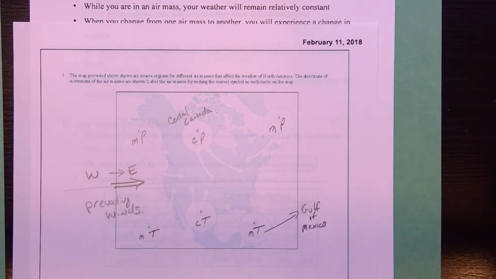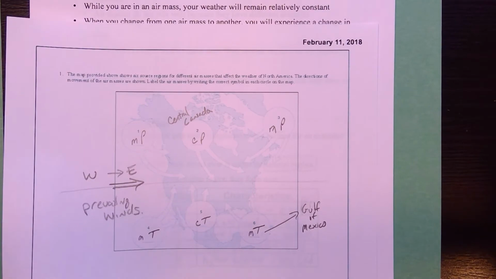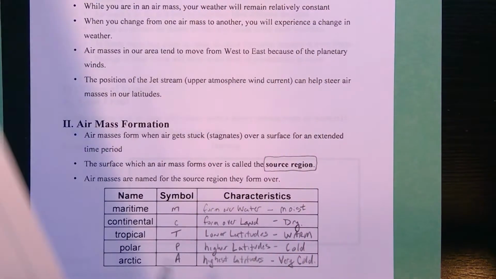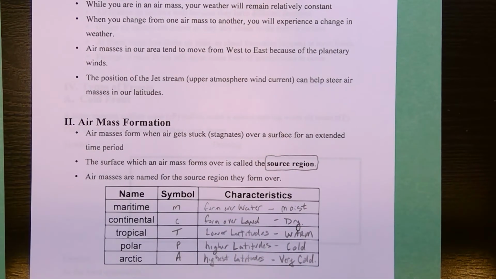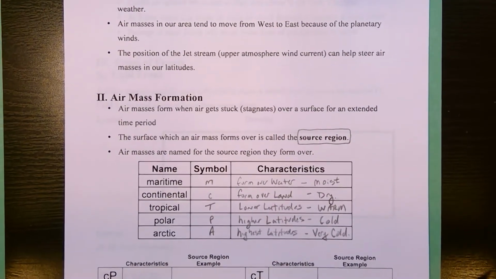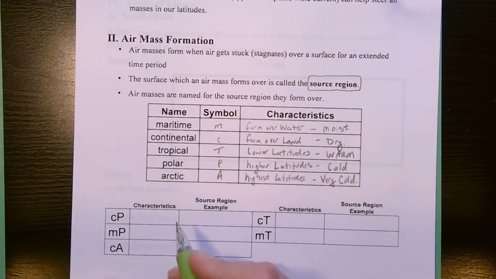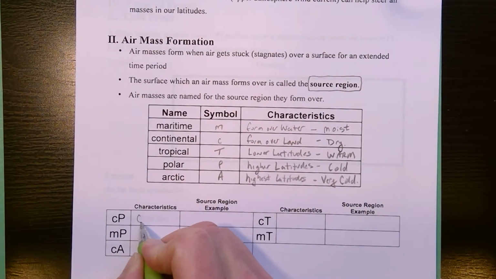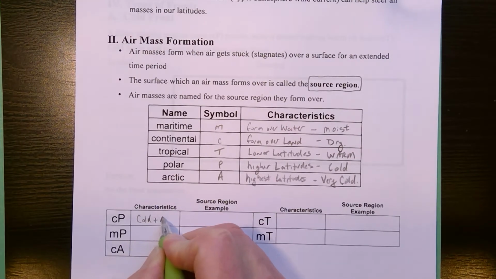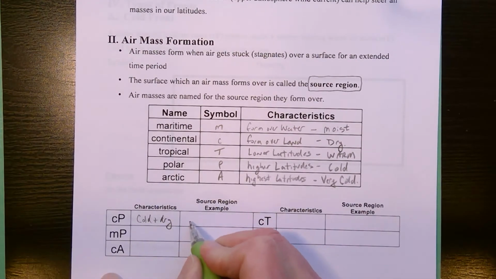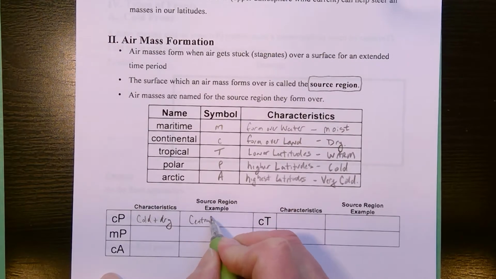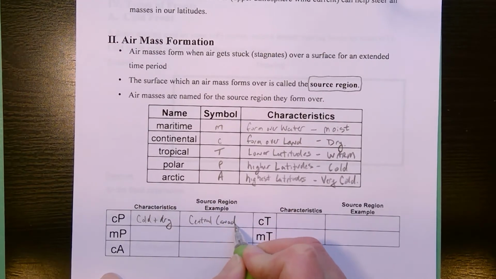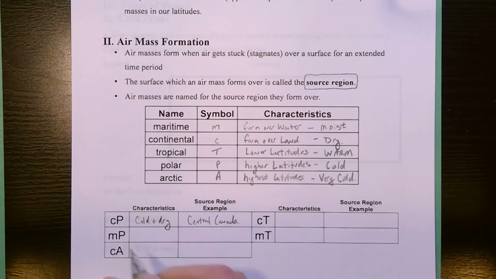Now, what are the characteristics? We can do that on the chart. Continental polar would be cold and dry, as we said, central Canada.